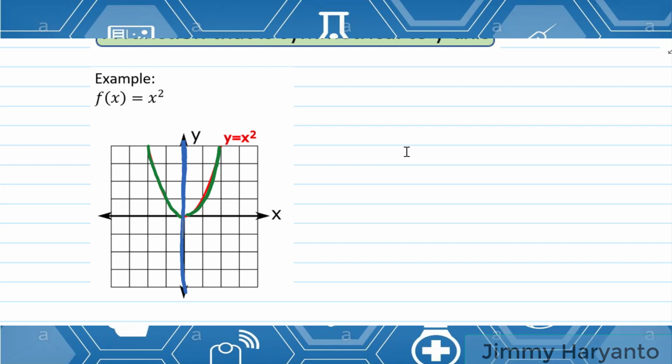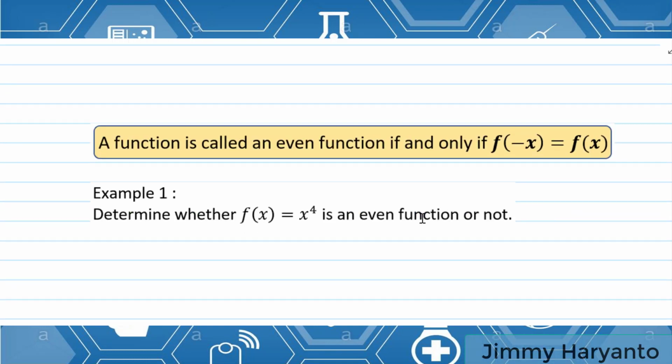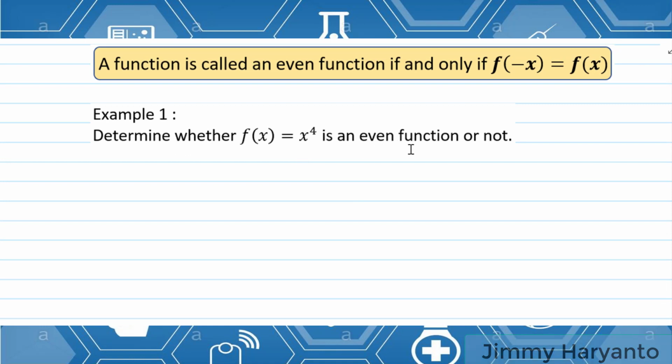How to determine if it is an even function or not? An even function is f(-x) equals f(x). Determine whether f(x) equals x to the power of 4 is an even function or not. Yeah, the steps are like before, but this one is easier because we only have to check f(-x). f(-x) means you change the x into negative x to the power of 4.